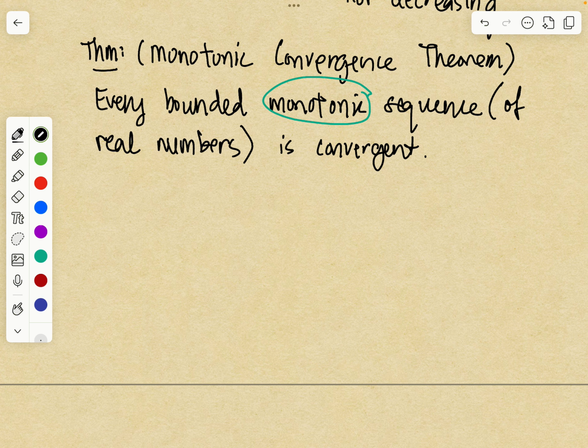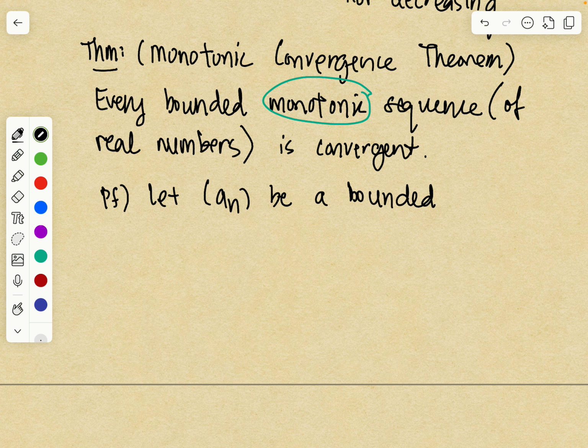All right, let's see the proof. So if you have a monotonic sequence that's bounded, the sequence is either increasing or decreasing. So let this sequence a_n be a bounded monotonic sequence. We want to show it's convergent.